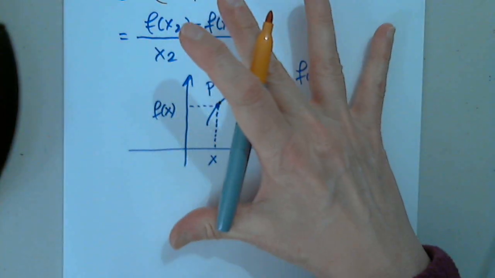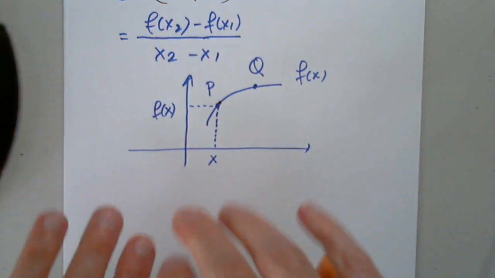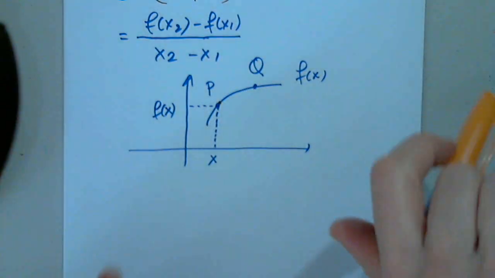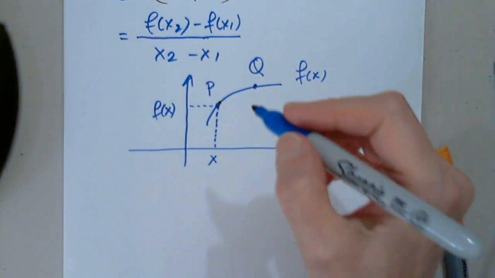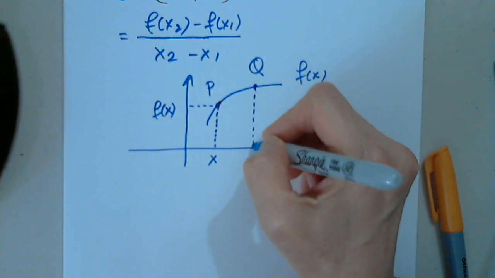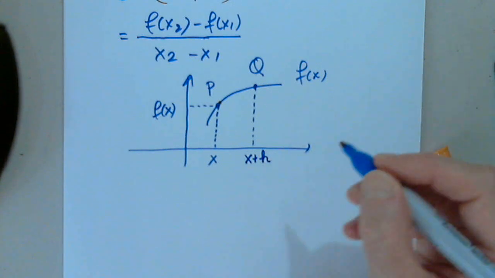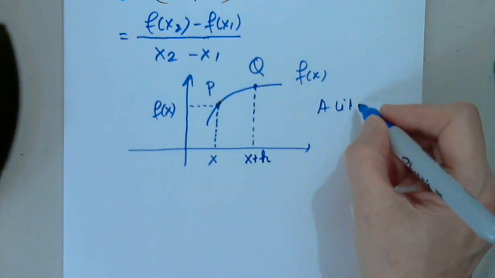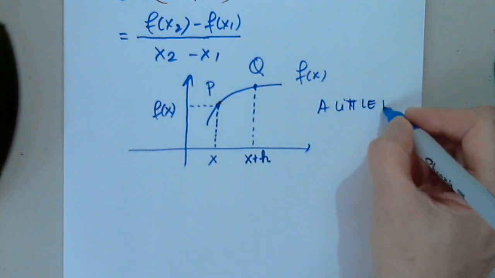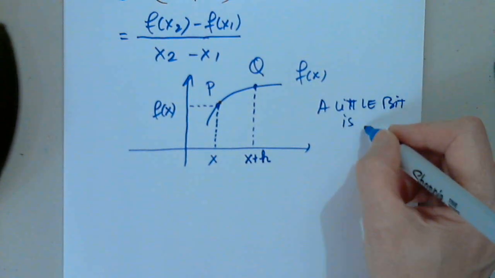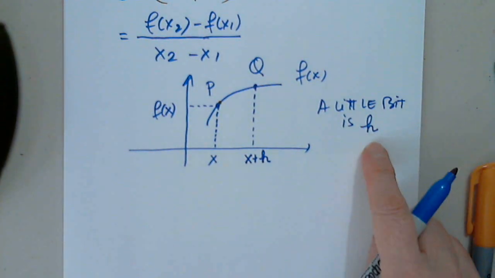But I zoomed in. So now they appear to be far away from each other. Okay. So this is x plus a little bit. A little bit is denoted by lowercase h.